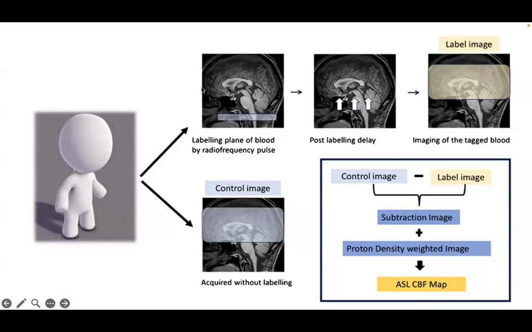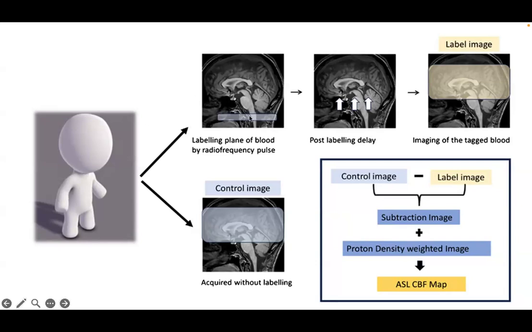Without any adiabatic pulse, the base image, the proton weighted image, has more signal compared to when you apply the adiabatic pulse. When the labeled image is subtracted from the control image, you get only a small percentage increase in signal, almost at the scanner noise level. So you have to do it multiple times, not just one time. That's why it takes almost 4.5 to 5 minutes, and why it is not very useful for stroke imaging. It takes more time than DSC perfusion.